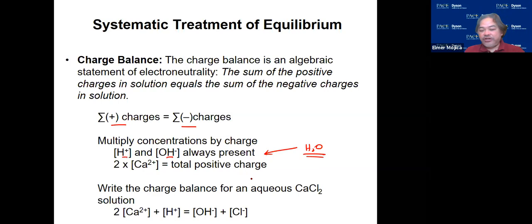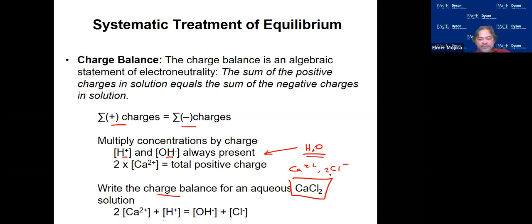So if we write the charge balance for CaCl2, this is how it looks. Because you have Ca2 plus and Cl minus, 2 of them.